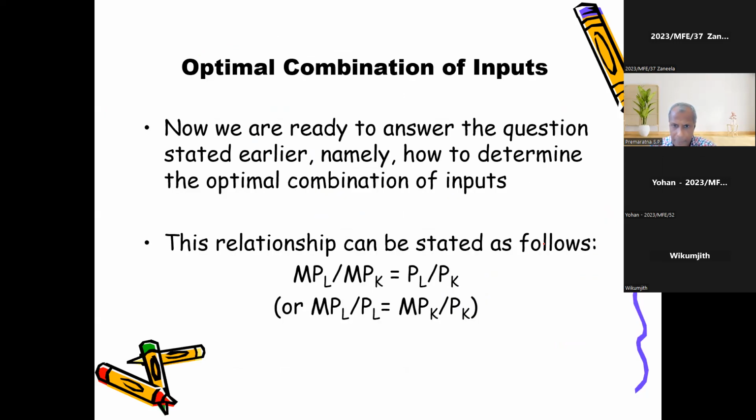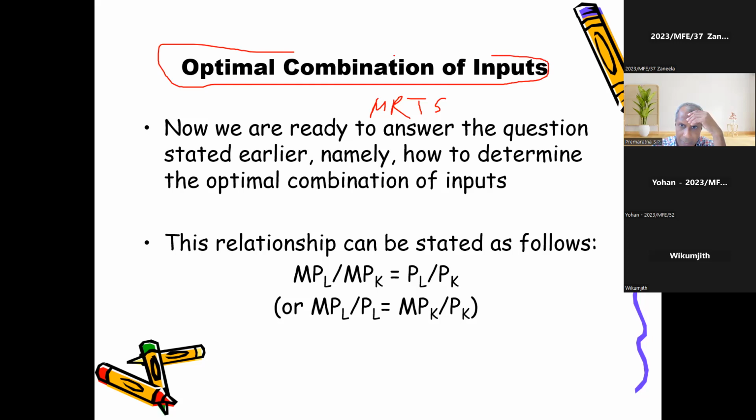With that, the important point now is, we found the MRTS, so we have to find the optimal combination of inputs. How do producers make the decision to allocate the optimal amount of inputs?